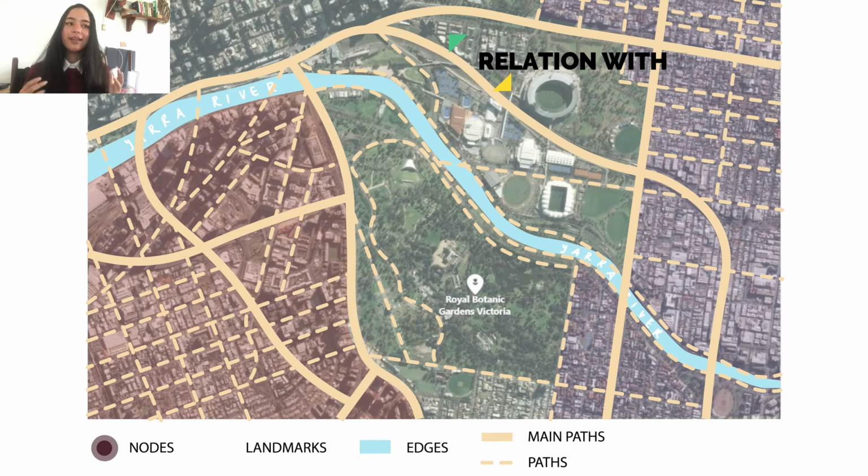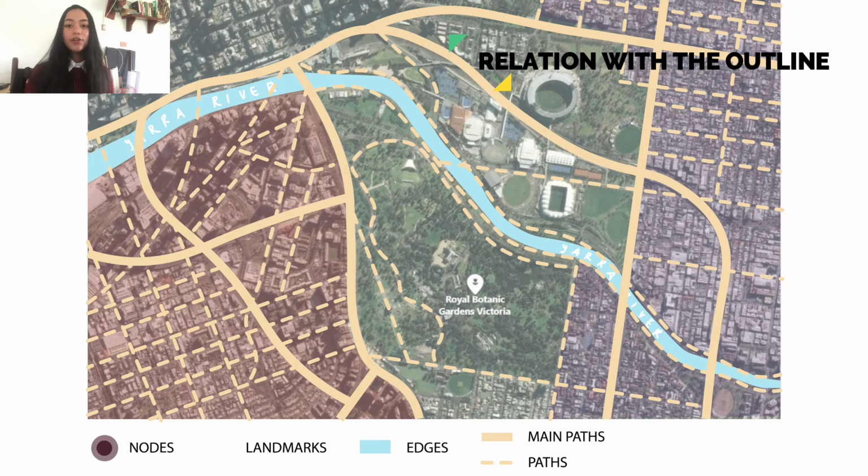In the south of Melbourne there are more activities related to the city, like work, services, and public things. But in the east side it is more related to the residential side, so it's more calm.